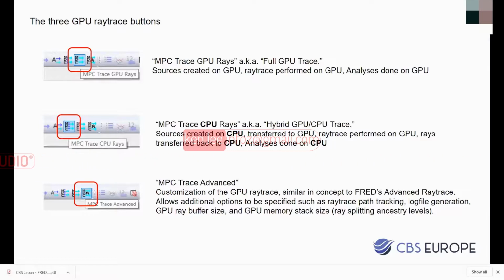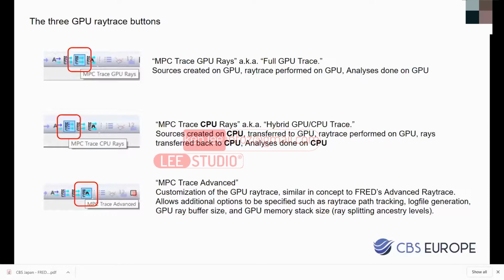Okay, so the general reason why there's two is because the development team, the programmers, have not added every functionality or every analysis onto the GPU yet. So only certain sources can be created on the GPU.